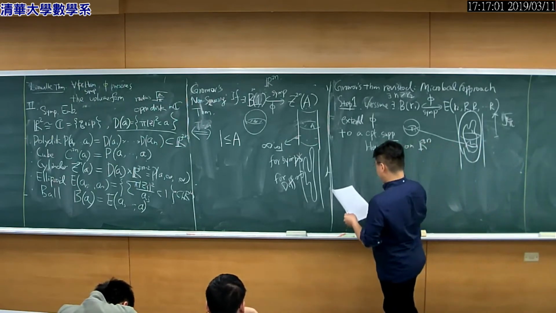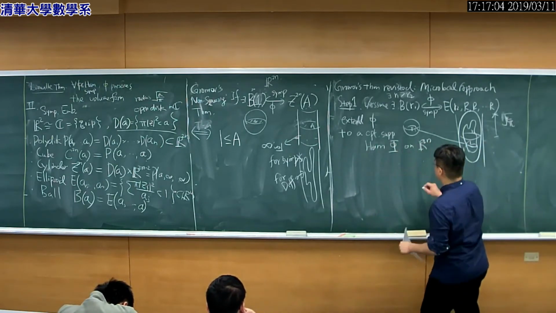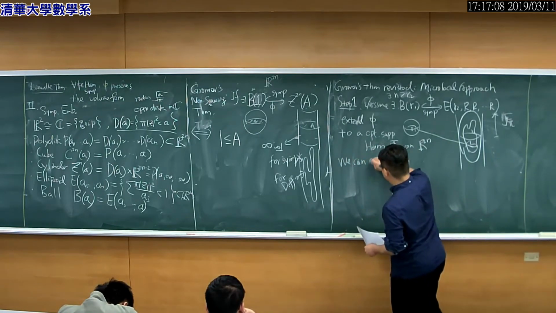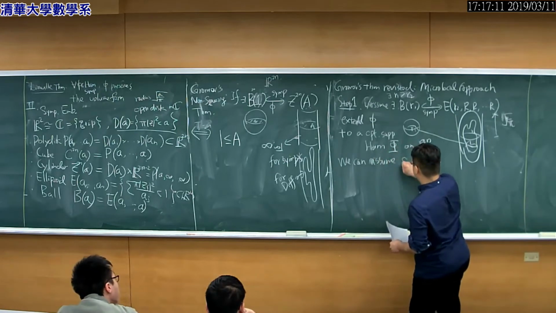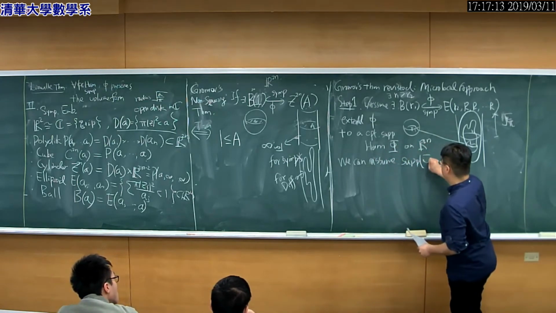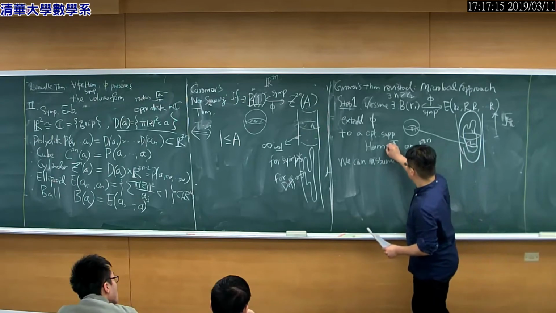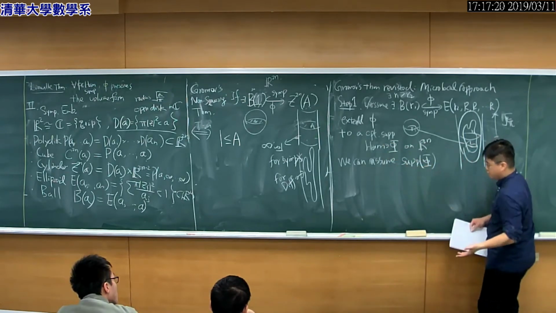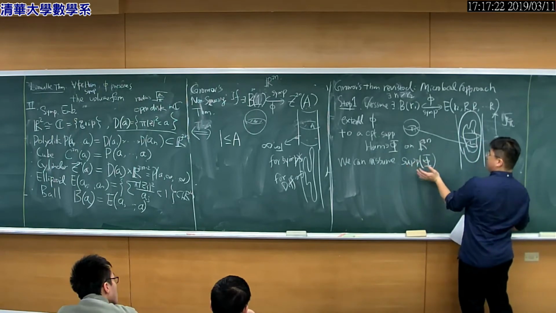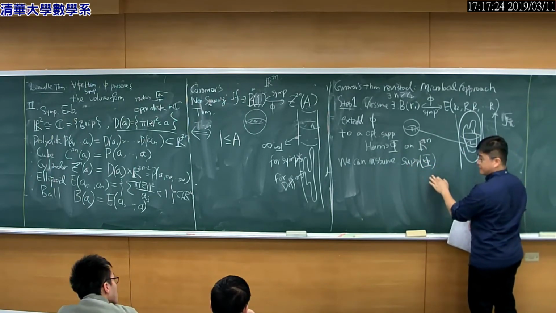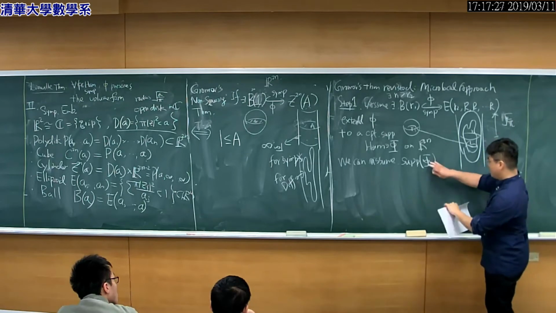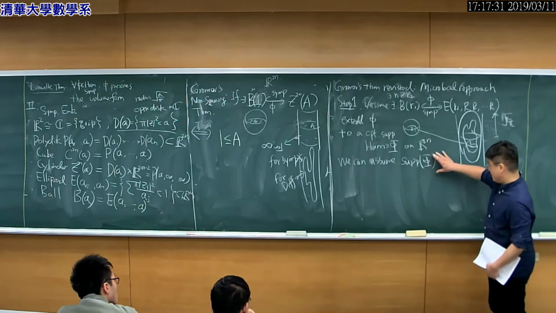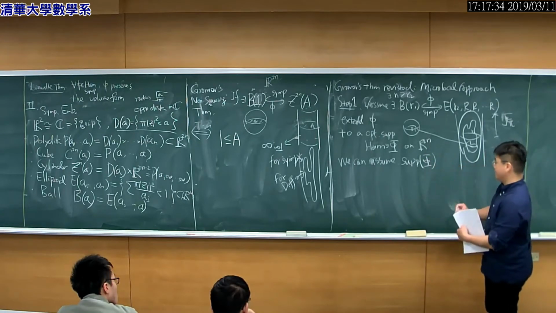And so in this case we can assume that the support of C, so what is the support? The support is the closure of the points where it doesn't act as the identity. So the support means the points where this map does move something.